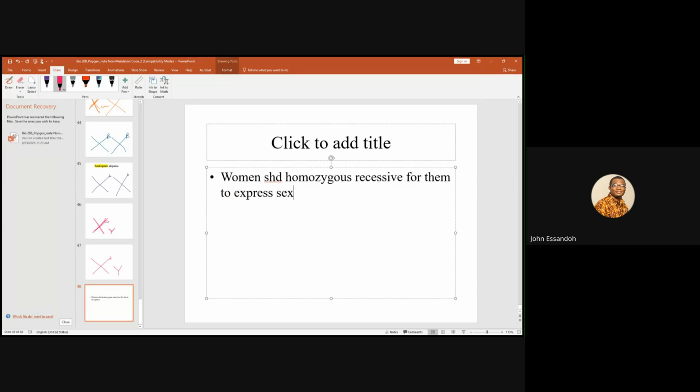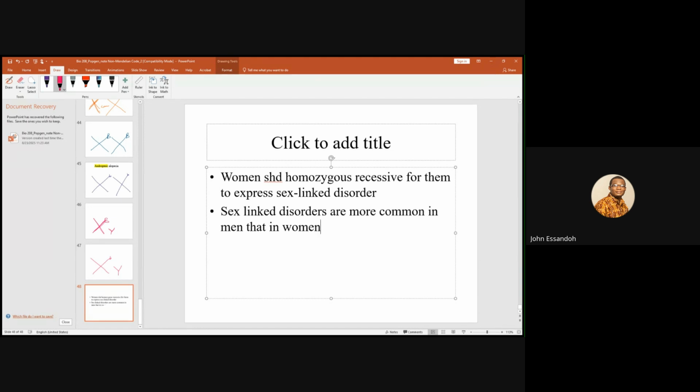Sex-linked disorders, mostly they are recessive. So because of that, sex-linked disorders are more common in men than in women.